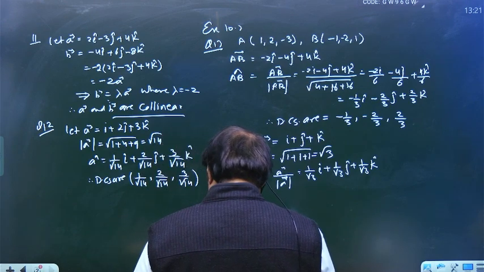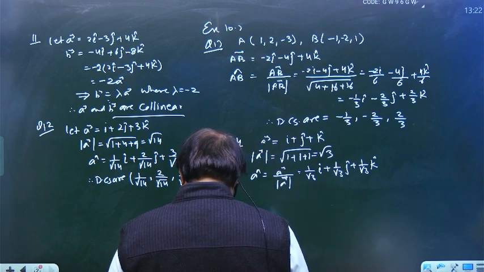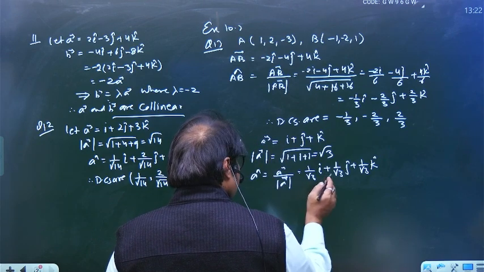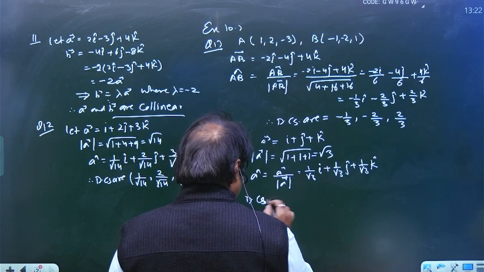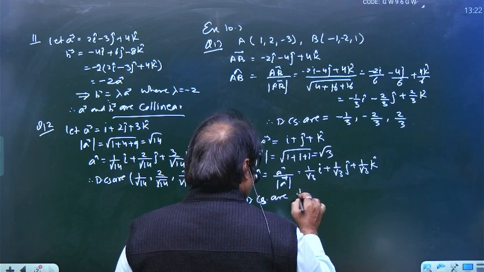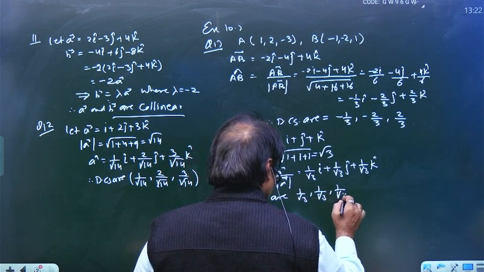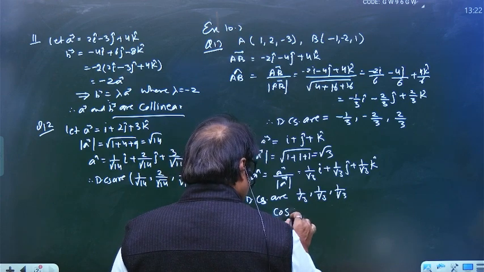Direction cosines equally inclined. So the direction cosines (DCs) are 1 by root 3, 1 by root 3 and 1 by root 3. Direction cosines means cos alpha, cos beta, cos gamma.